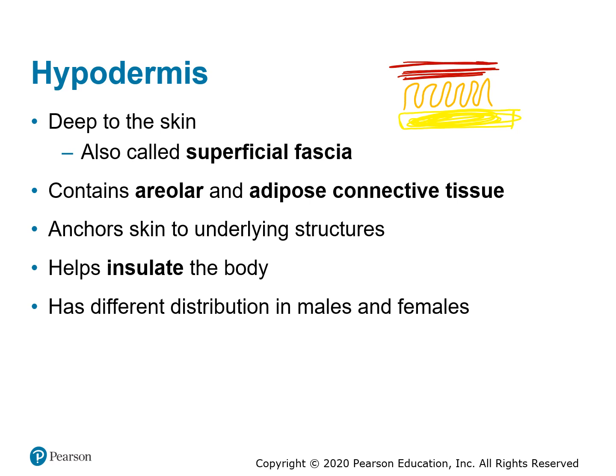It is also called the superficial fascia, also called the subcutaneous layer. It has many different names. It is made of areolar and adipose connective tissue, but it is mainly adipose connective tissue.